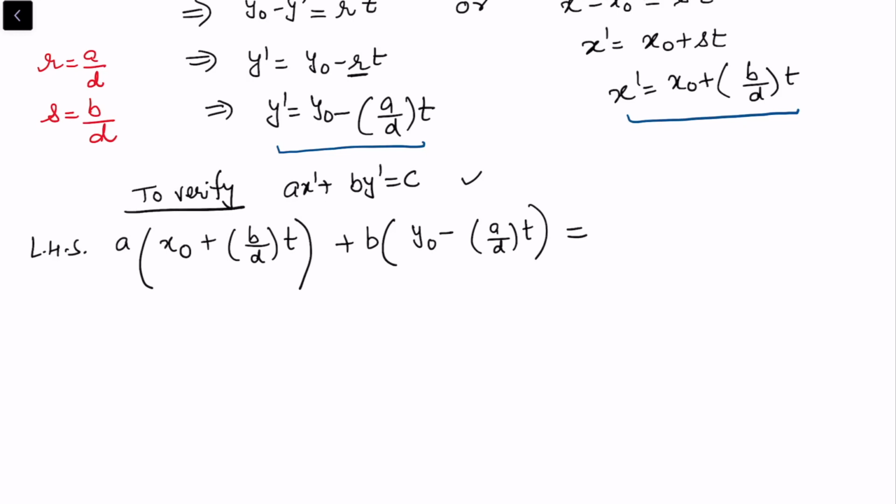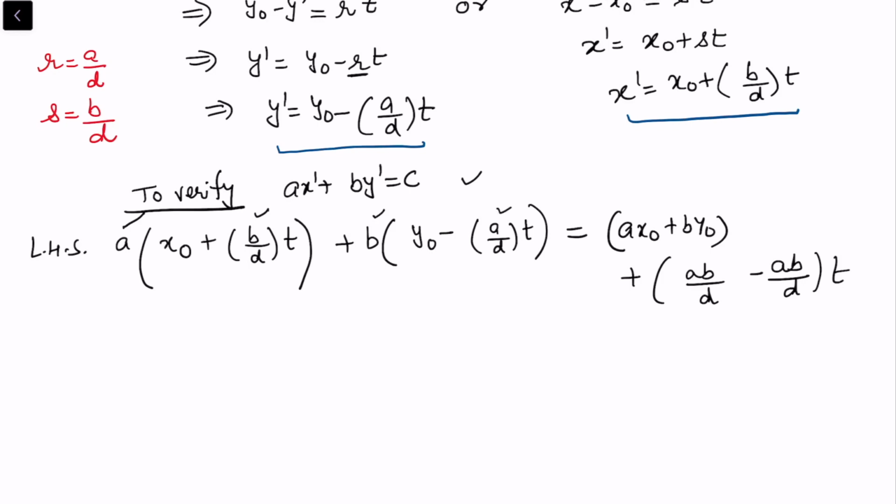This value is same as ax naught plus by naught. And then the second term is ab by d times t minus ab by d times t. So that is the second expression, a multiplied by b by d, and here b multiplied by a by d. So you can see that these two terms get cancelled, so this is 0 into t.